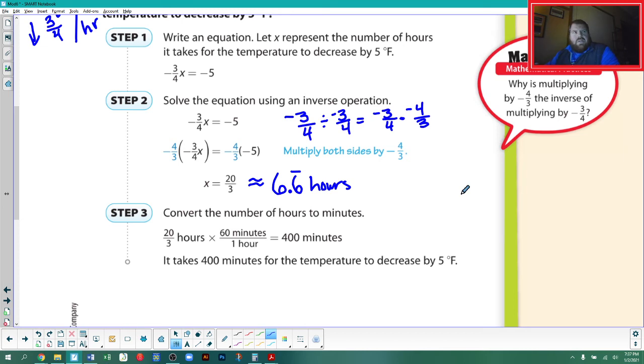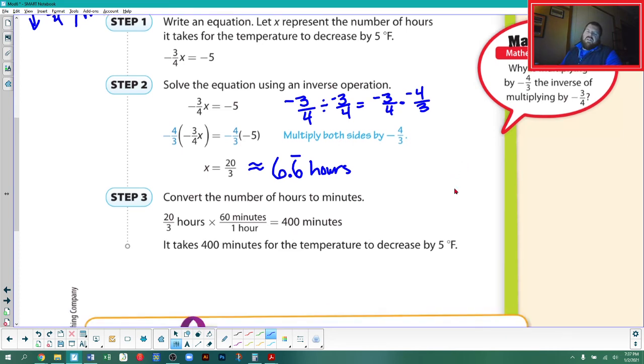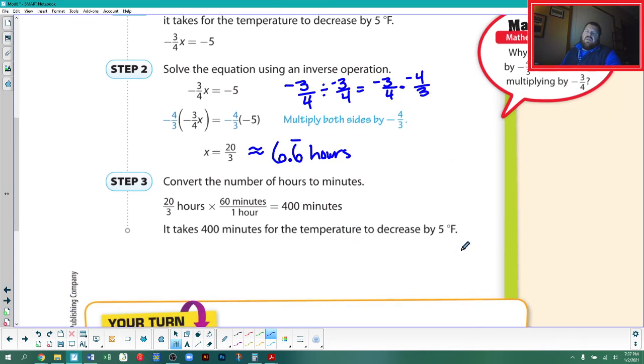But that doesn't work too good when we're talking about minutes. So we do keep it in the 20 thirds idea, 20 over 3. And then we have to convert hours to minutes. Well, since there's 60 minutes in 1 hour, we multiply by 60 over 1, and it takes us to 400. So it's going to take 400 minutes for the temperature to decrease 5 degrees.